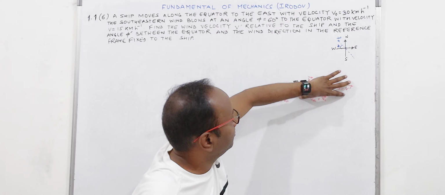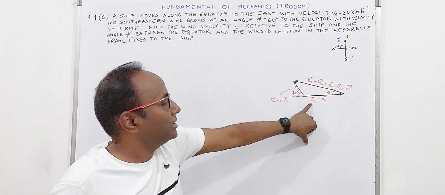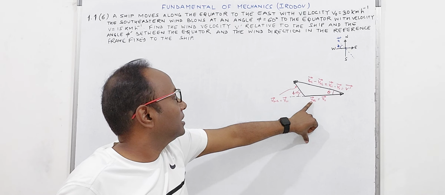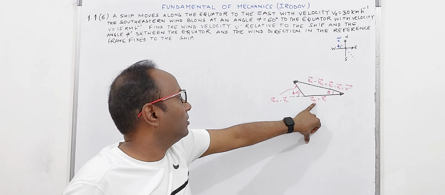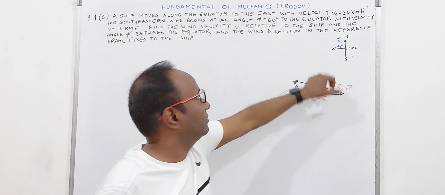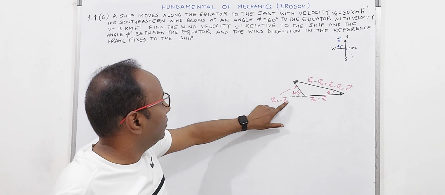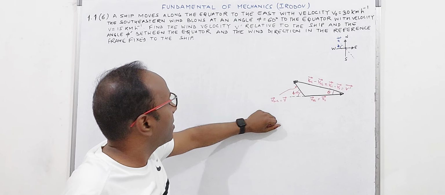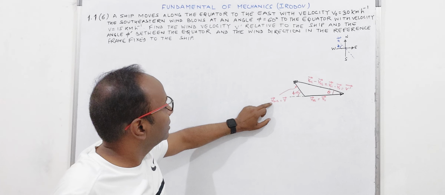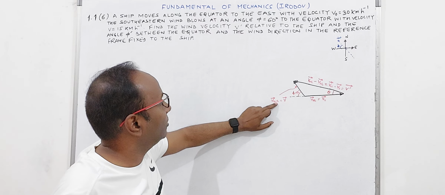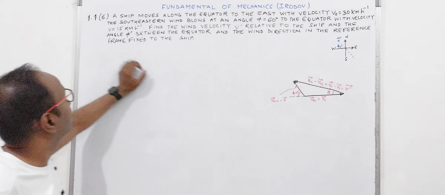This is the ship's speed. Velocity of ship with respect to ground is equal to v0. v0 is given, right? Now, velocity of wind with respect to ground is equal to v.